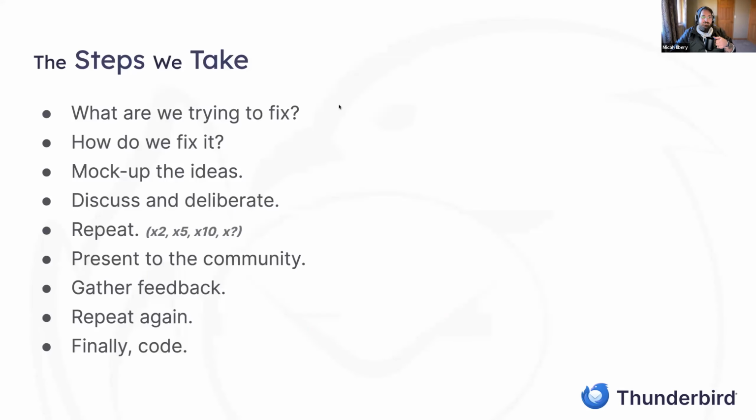So the design process and the steps we take. Like I said before, we look for the problem. What are we trying to fix? What are we trying to solve? What is wrong with our current design, or what needs to be added, or what are we trying to accomplish here? Then we say, how do we think we can fix that?